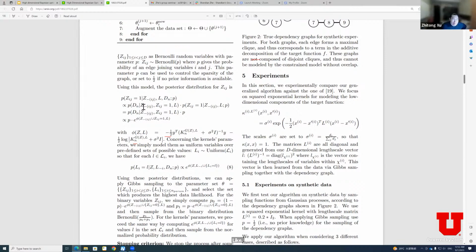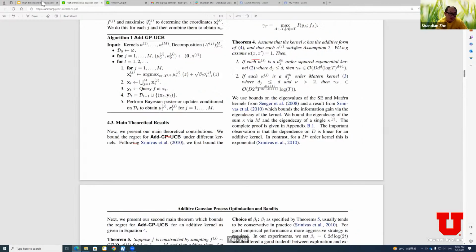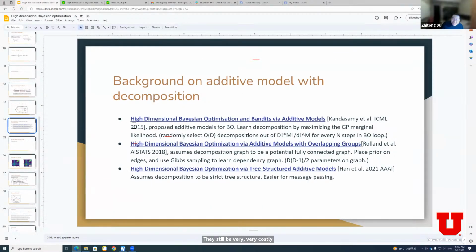But every time they can just update one edge variable, Zij, right? Then it would still be very costly. If you have 100 variables, you get 10,000 edges. None of those three papers published their code. If you go through one iteration of Gibbs sampling, how much time will it cost? It's very expensive.